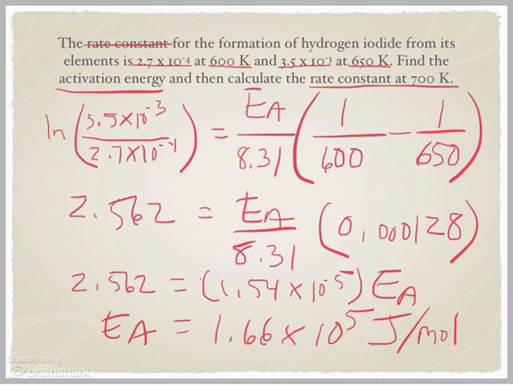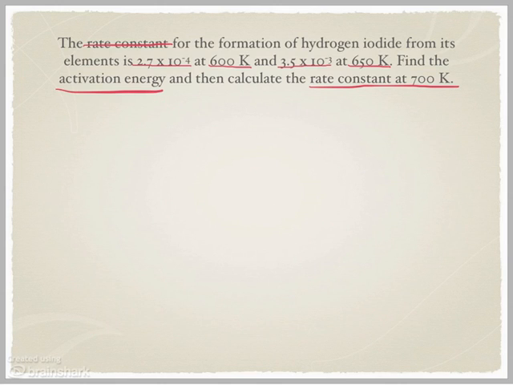Now you have to go back and figure out your rate constant at 700 K, for which you'll use the activation energy that you just figured out within your Arrhenius equation. So let's set up the other Arrhenius equation.